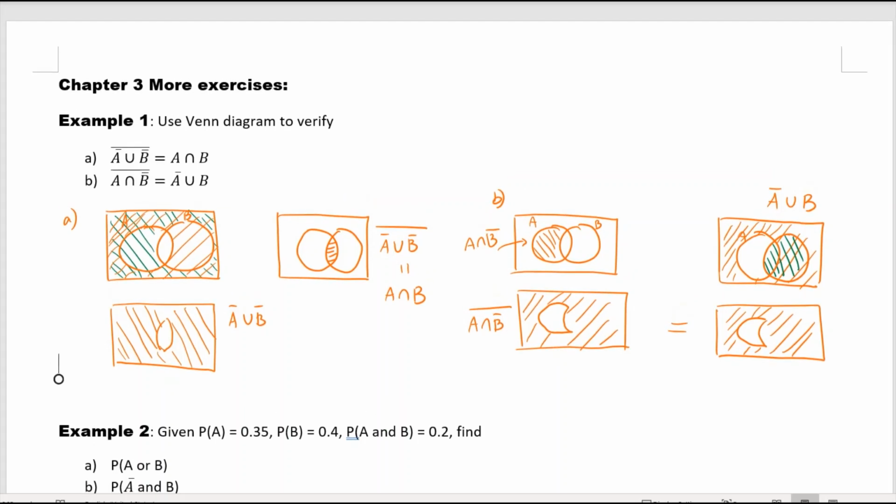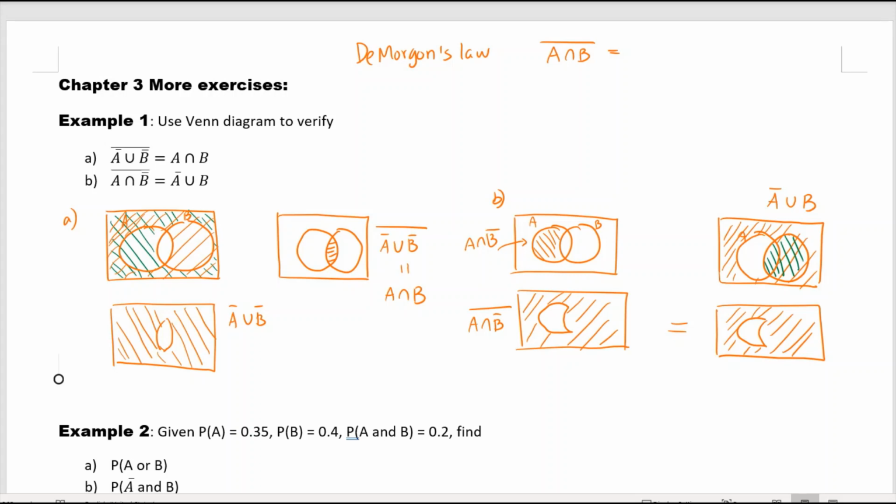And do you remember we talked about De Morgan's law? The complement of A intersect B. We said complements are really like negative numbers, and negative numbers flip the inequality sign. So this complement also flips intersection and union.